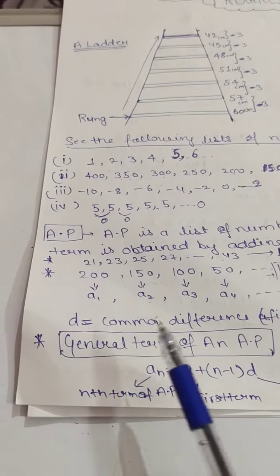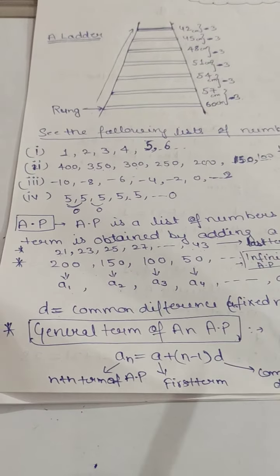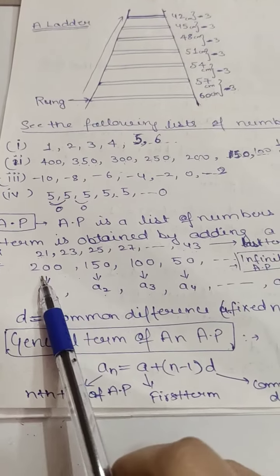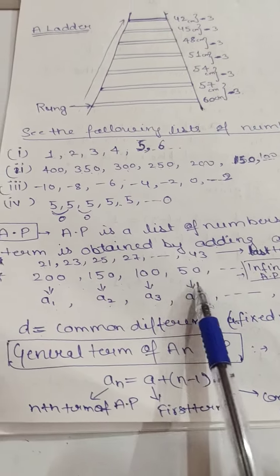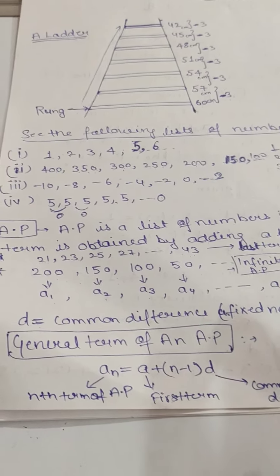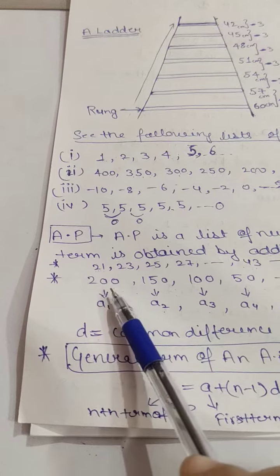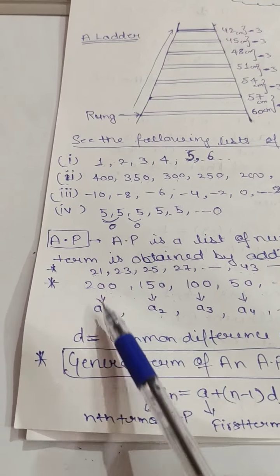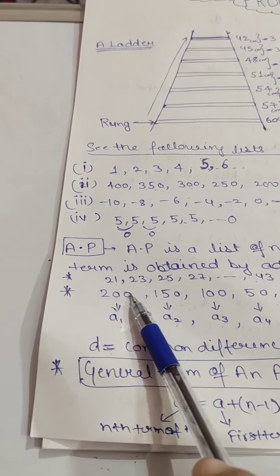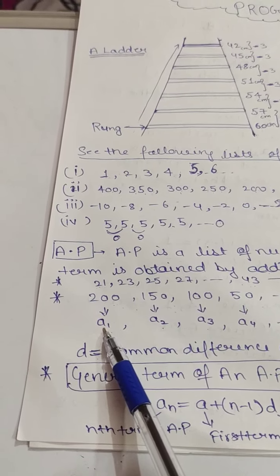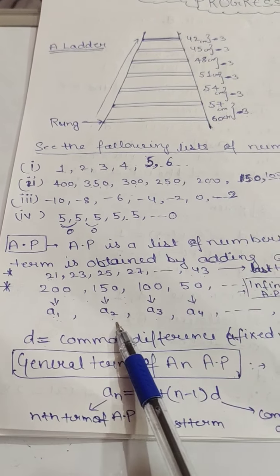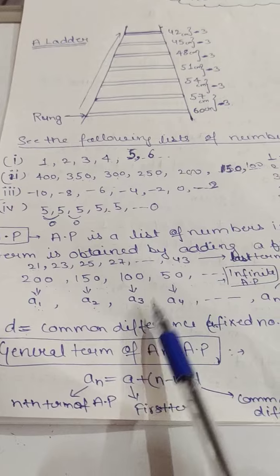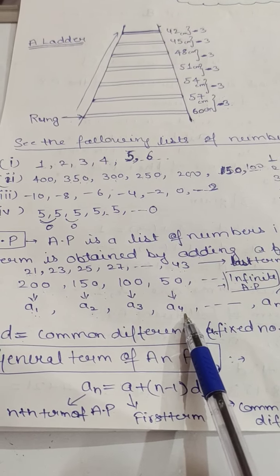Next we will learn about some things of an AP. So let us take 200, 150, 100, 50 and so on up to infinity. Here the first term is denoted as a1, the second term as a2, the third term as a3 and the fourth term as a4.